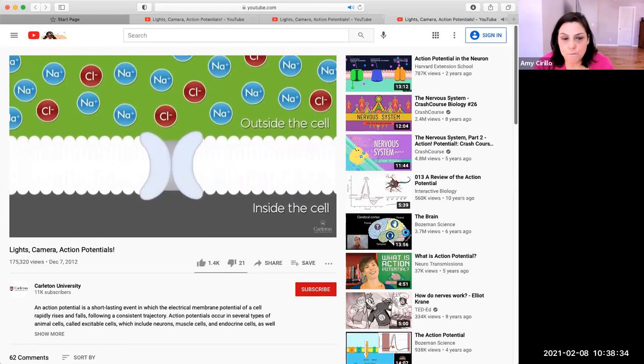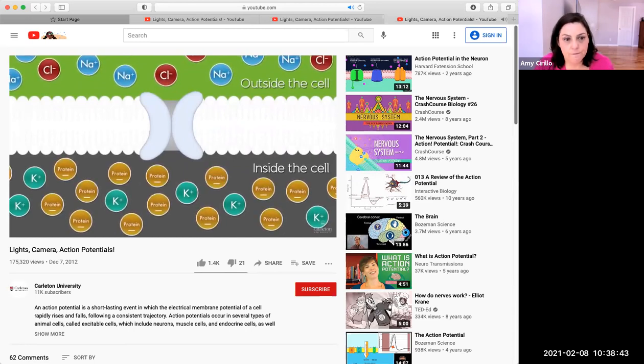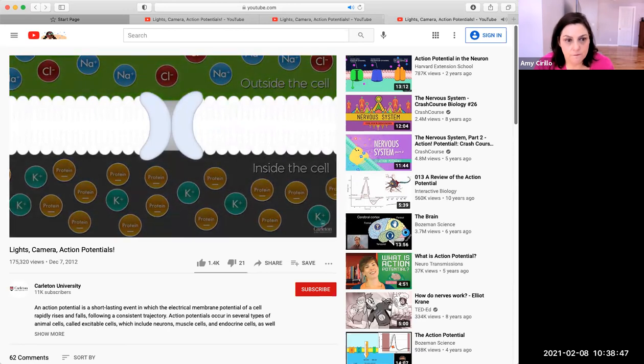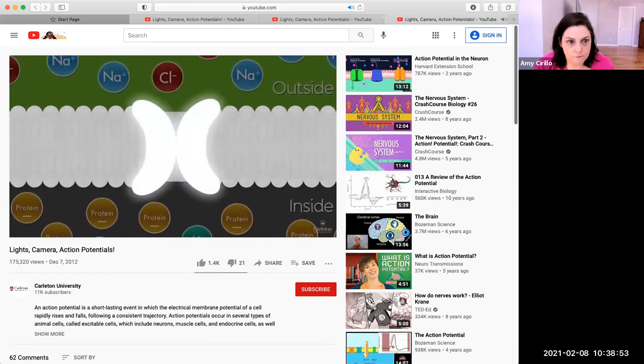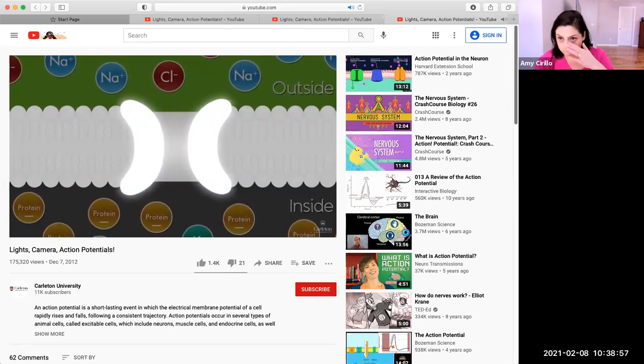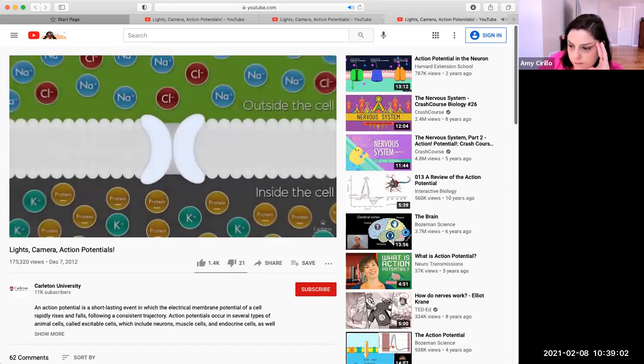The inside of the cell has a smaller amount of positively charged potassium ions and a larger quantity of negatively charged protein ions. Embedded in the surface of the cell membrane, which separates the inside of the cell from the outside, are protein structures known as ion channels. These channels act as gates by both permitting and hindering the flow of ions into and out of the cell.